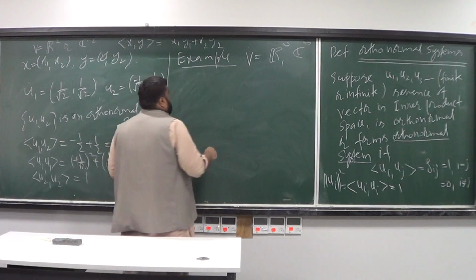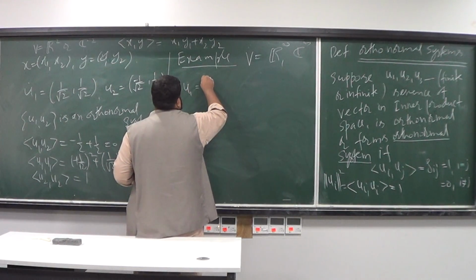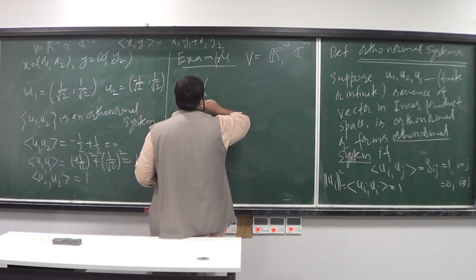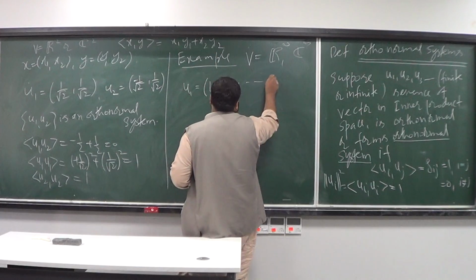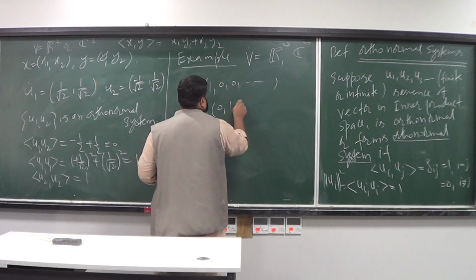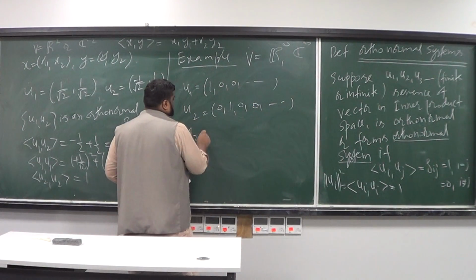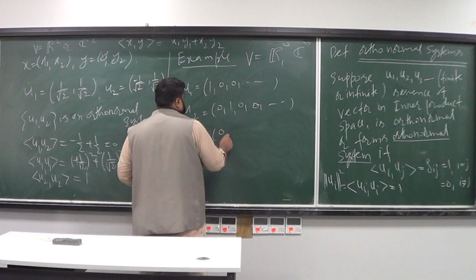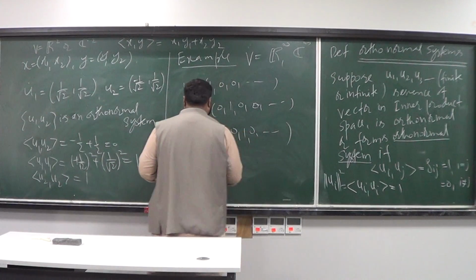Then the following is an orthonormal system: U1 is 1, 0, 0, 0, U2 is 0, 1, 0, 0, and U3 is 0, 0, 1, 0, 0, and so on and so forth.